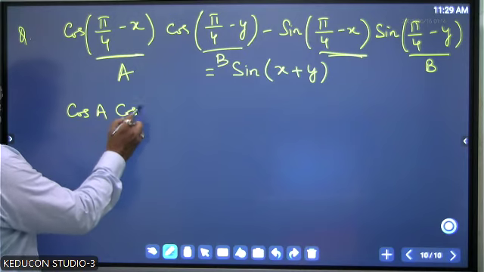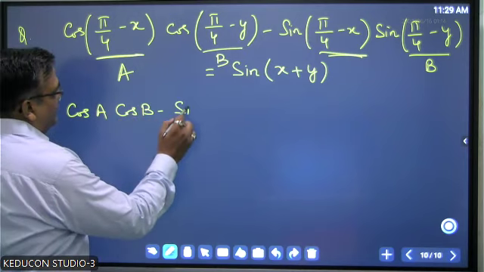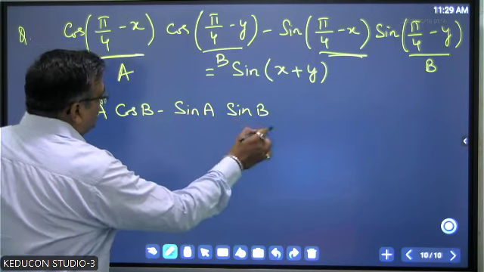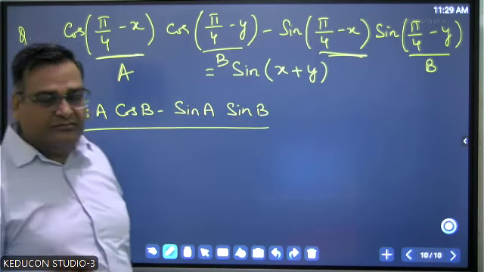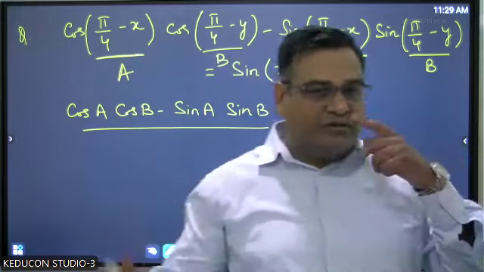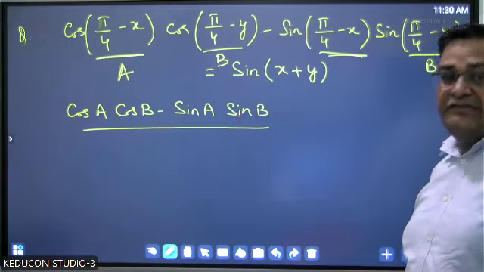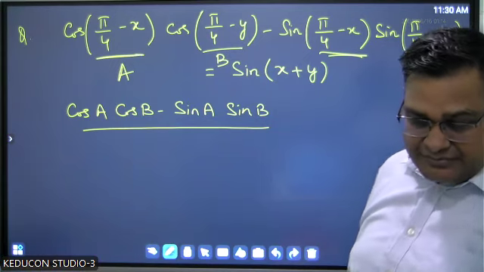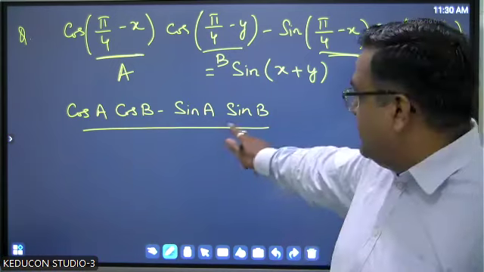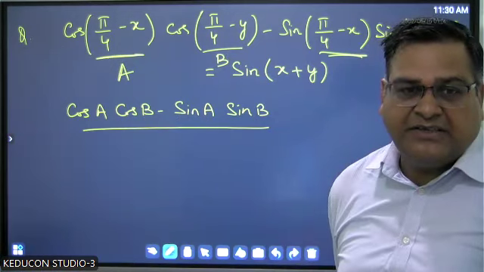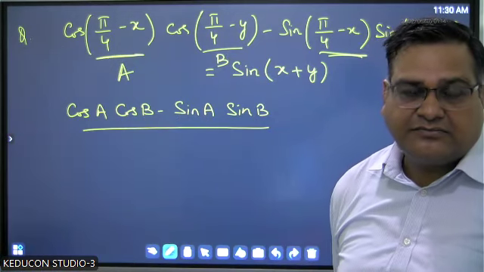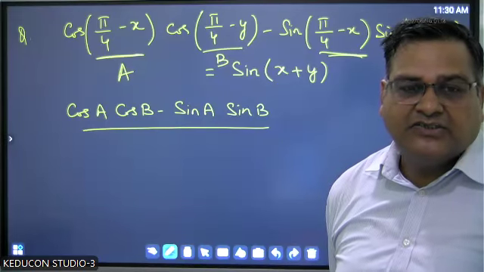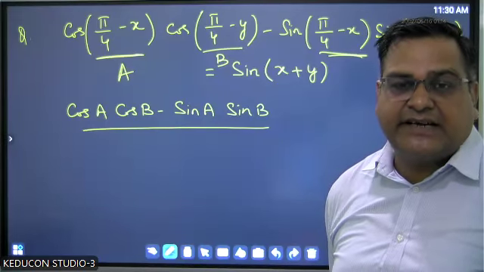Cos A cos B minus sin A sin B. When you write this in the simplest form, what can you observe here? What formula is this? Cos A cos B minus sin A sin B.